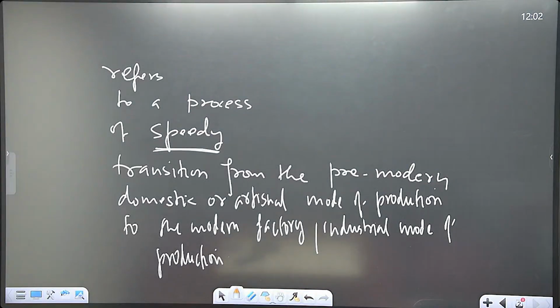The German states. See, Germany was politically not united. Do you remember Zollverein? Why Zollverein? Why that economic unity before political unity? That was to cater to the needs of industrial revolution. Understood?